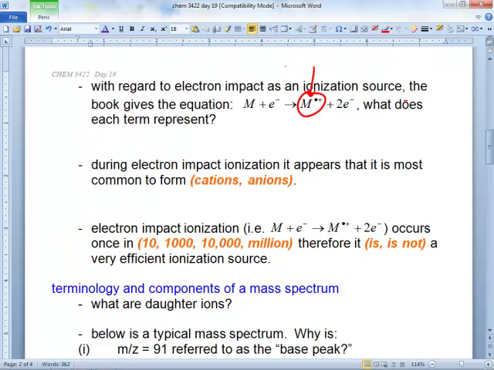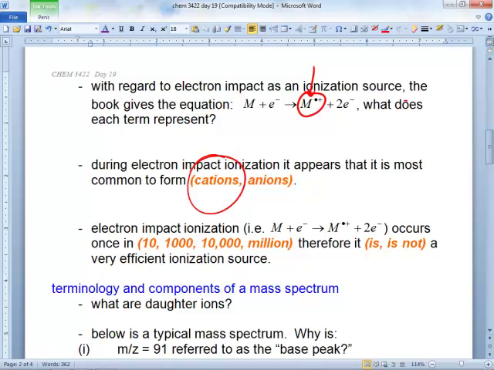During electron impact ionization, it appears it's most common to form... Electron impact ionization occurs once in a million. So you have a gazooks amount of analyte coming from the column, right? That's eluting.